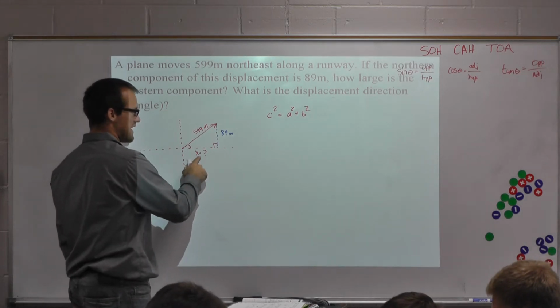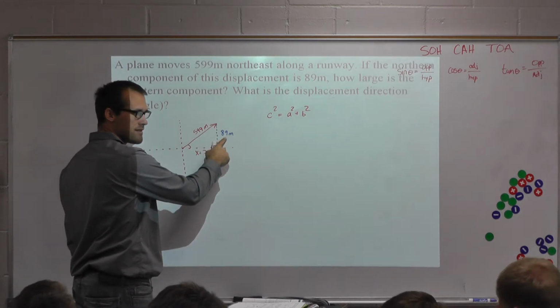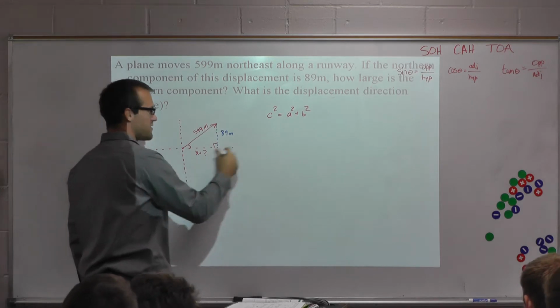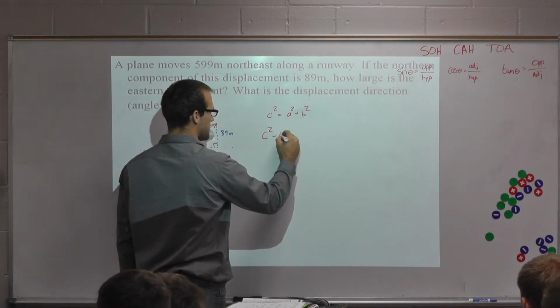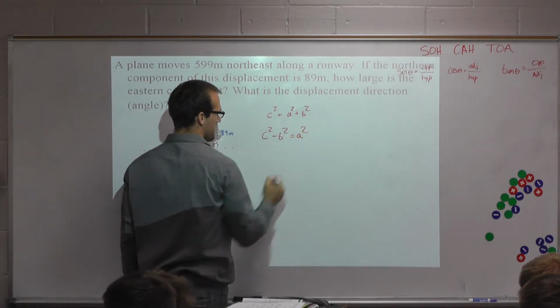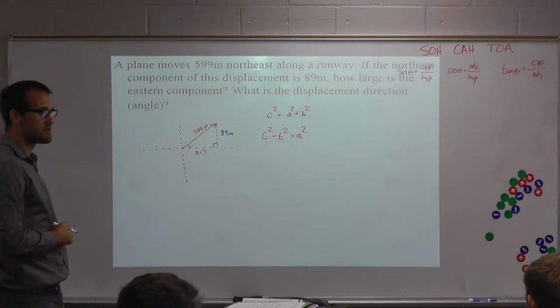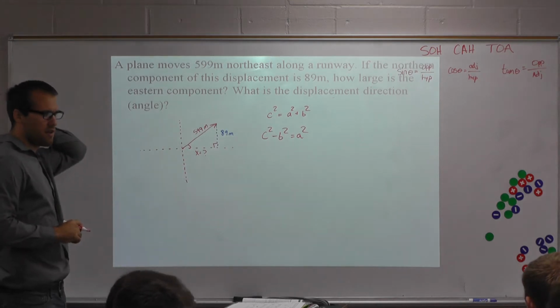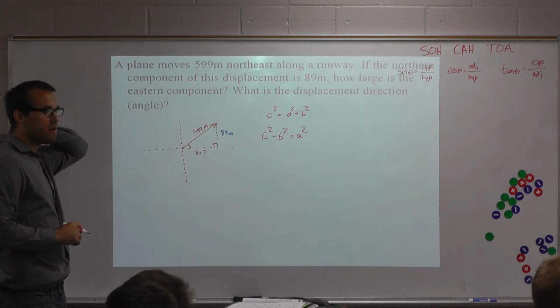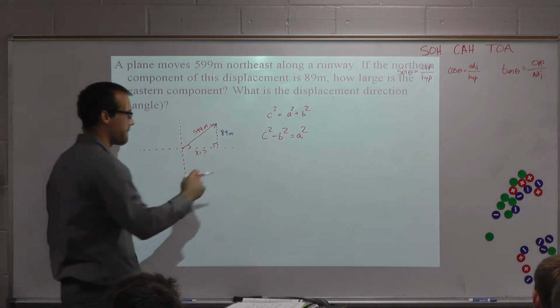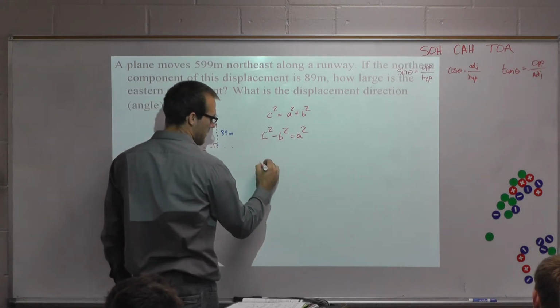Are we going to say this is a squared? x is a squared, so it'd be c squared minus b squared equals a squared. Make sense? And your answer is? Then you just take the square root.